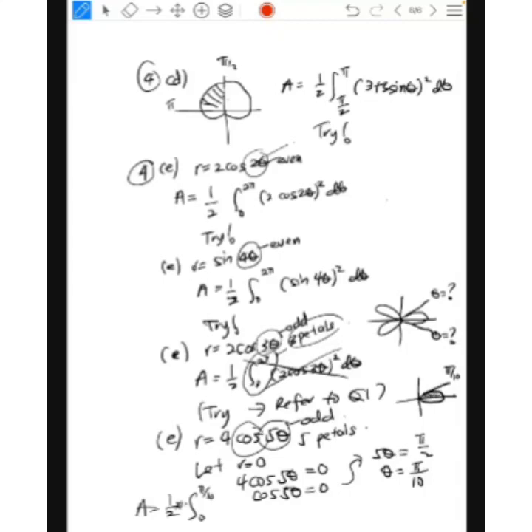Multiply by 10. Understand? Because if I take 0 to pi over 10, I only take half of the petals. But it has 5 petals, so 5 times 2 to get one full petal. You times 10 and then this one will be 4 cos 5 theta squared d theta. So you may try find the answer for this one.